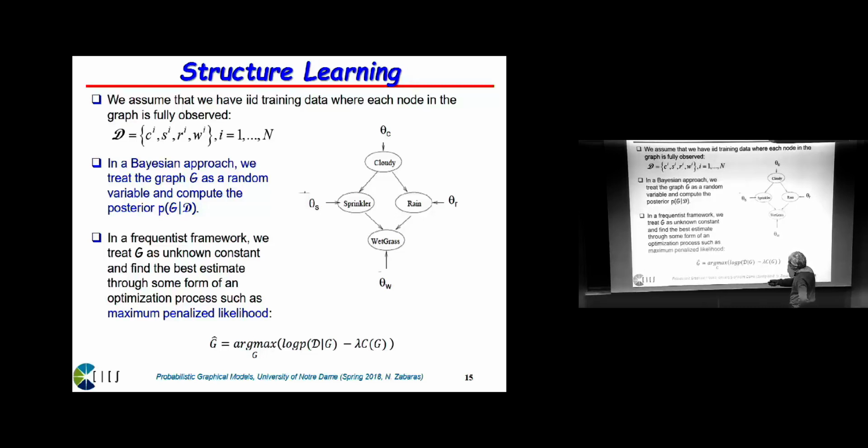And if you calculate it for many graphs, you can say find me the graph that maximizes that. And this is sort of a penalty term to be sure that you don't have an overly complex graph. We discussed a little bit in the fall the balance between fitting the data and complexity, right? So you don't want to overdo it. Again, we will come to this problem in detail later.